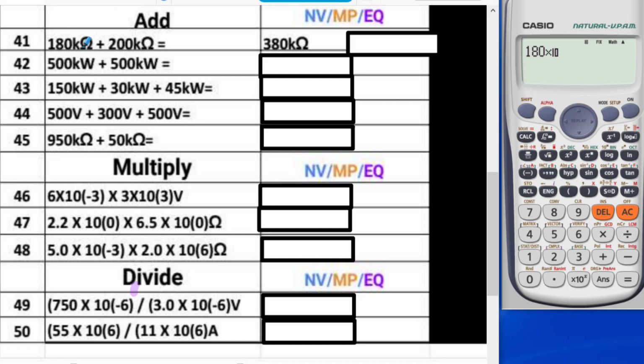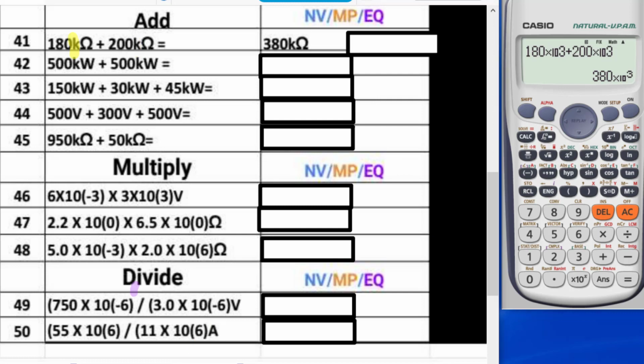So when I look here and I see this k right here, this k tells me that I put a 3. Plus 200, look at this k right here, and that tells me that I'm going to do times 10 to the third. Equals, hit engineering, and it's 380 k ohms.